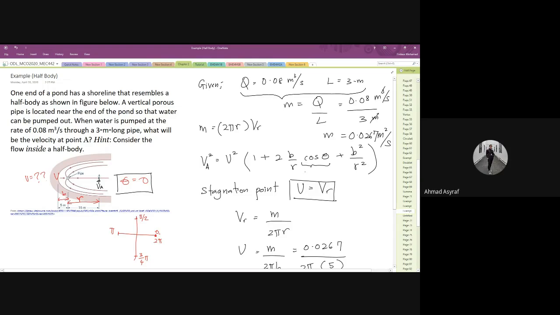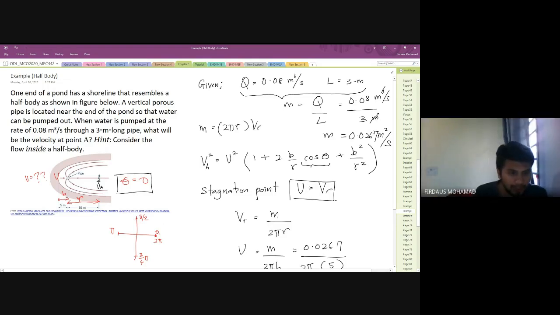Why was it zero just now? Because at this point, for A, it is at 0. So we define, from the source, let's say this is your coordinate, where the origin is the source. So A is at 0. The angle is 0. And then let's say next you want to find a point here.